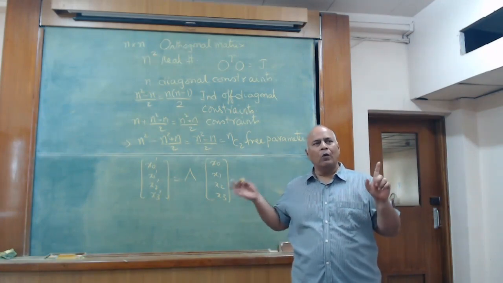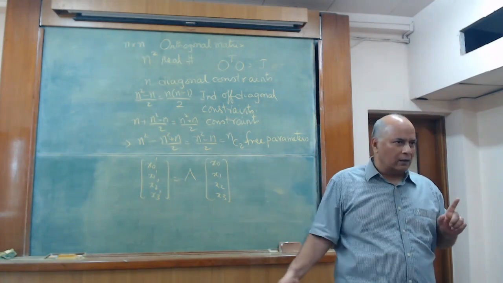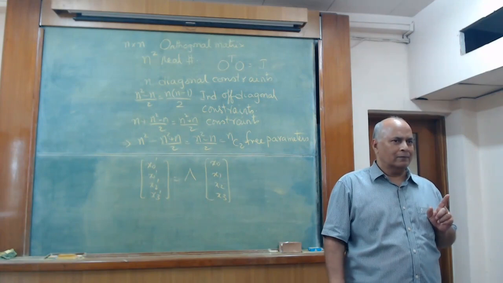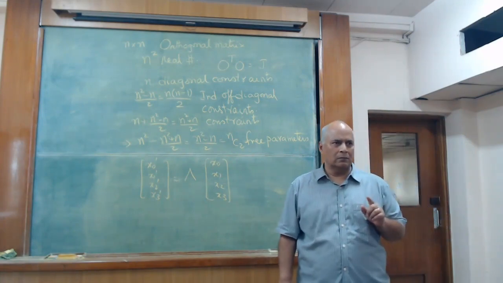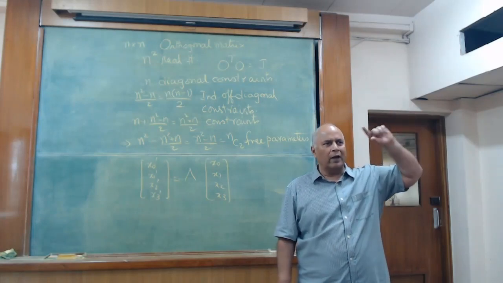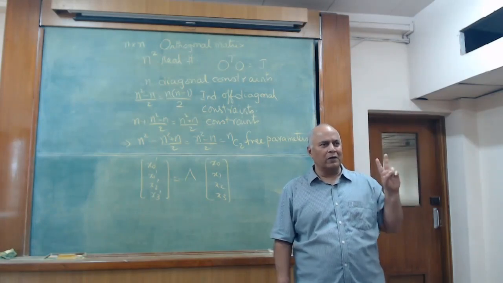And how many independent simplest rotations can I construct if I have n variables? I have total n variables, and each simplest rotation requires two variables.